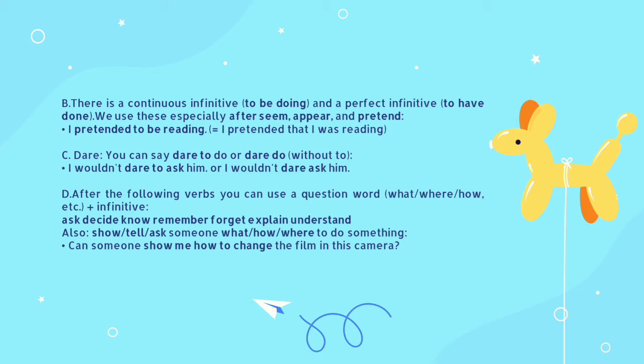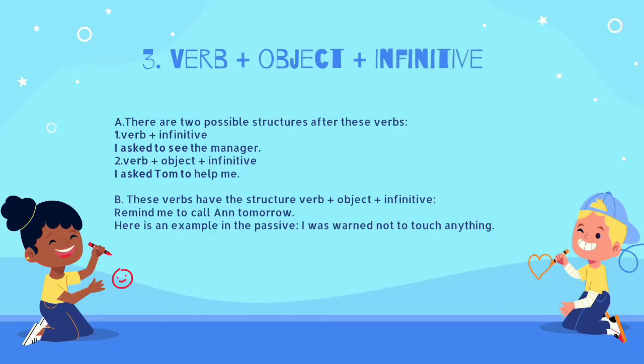Example, ask, decide, know, remember, forget, explain, understand. Also, show, tell, or ask someone what, how, where to do something. Example, can someone show me how to change the film in this camera?